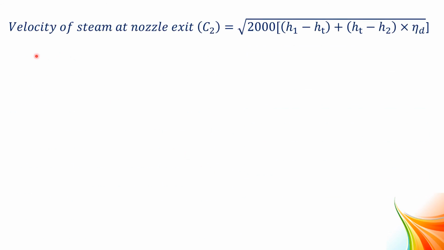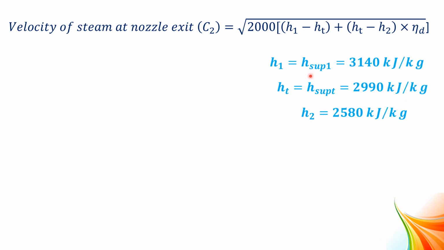Now we have to find out the velocity of steam at the exit of the nozzle, C2 equal to square root of 2000 into [(H1 minus Ht) plus (Ht minus H2) into eta d]. So H1, Ht and H2 values were obtained from the Mollier diagram, and the nozzle efficiency at the diverging part is given in our problem, that is 0.88.